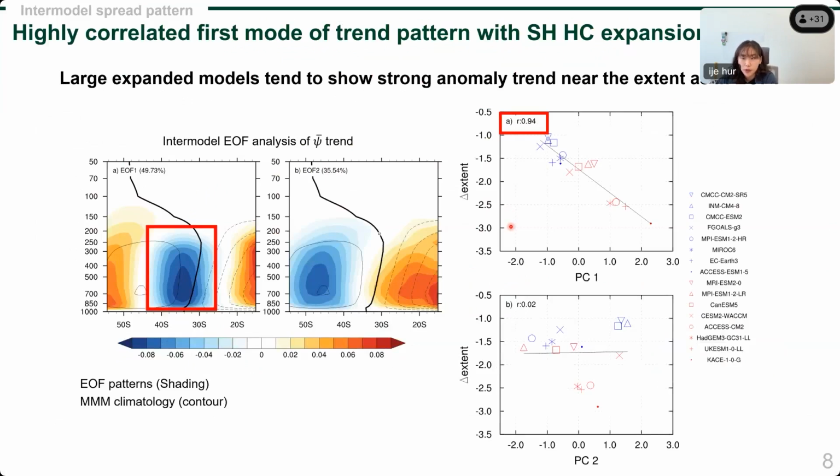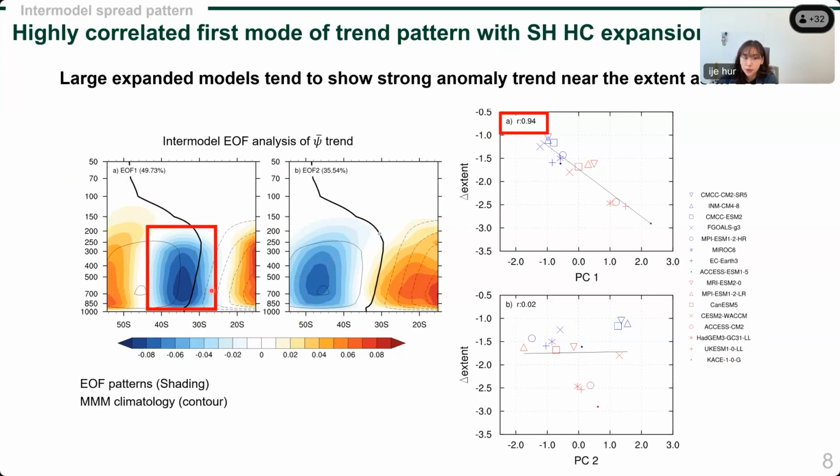So the left figure is the intermodal EOF analysis of the stream function trend. The black contour is the multimodel mean climatology of the stream function, and the shading indicates the intermodal EOF patterns. In the first mode, there's a variance near the Southern Hemisphere edge, as in the red box, while the second mode is not.